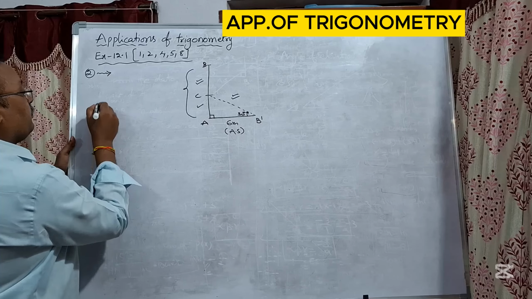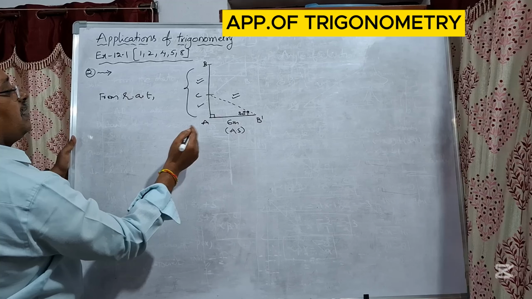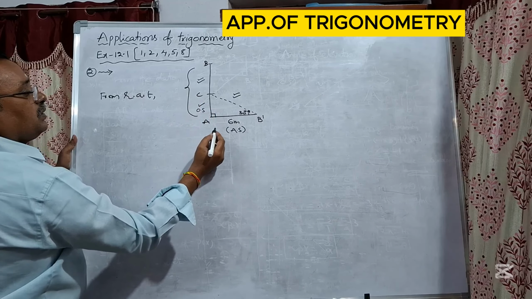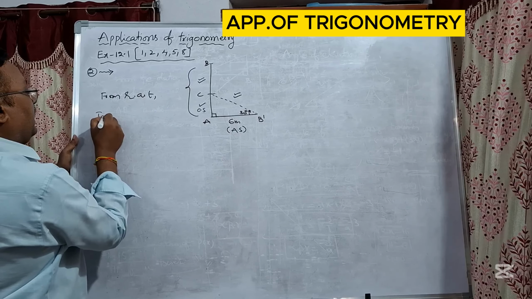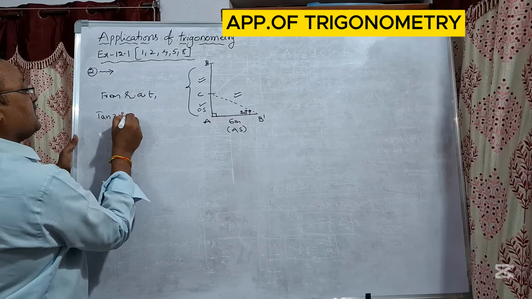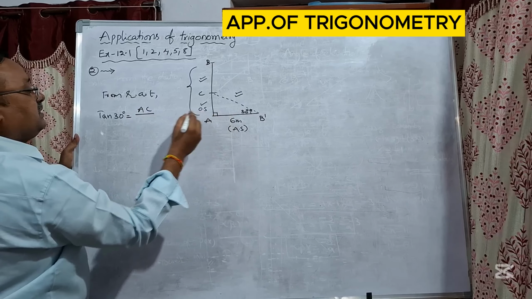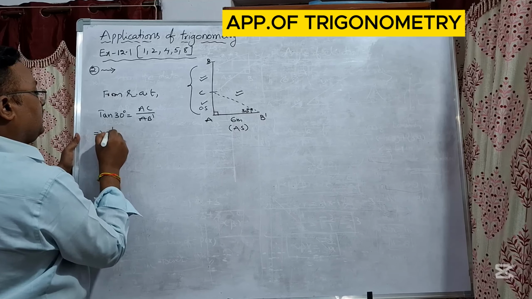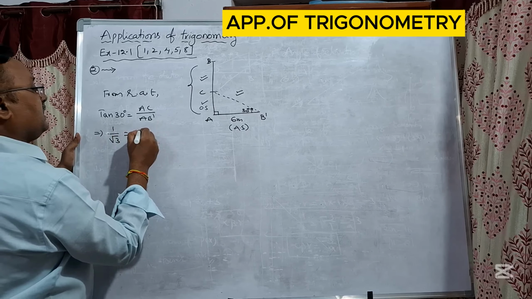From the right angled triangle, I want to find the opposite side AC using the adjacent side. That's why I am going to apply tan 30 degrees is equal to its opposite side AC by its adjacent side AB dash, which implies tan 30 means 1 by root 3 is equal to AC by AB dash value, 6 meters.